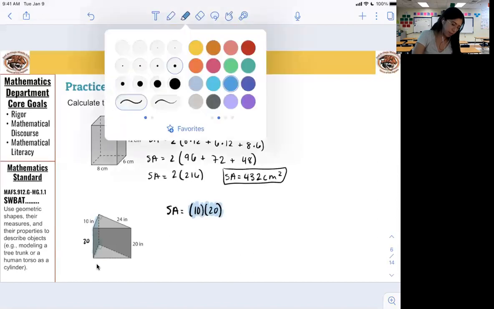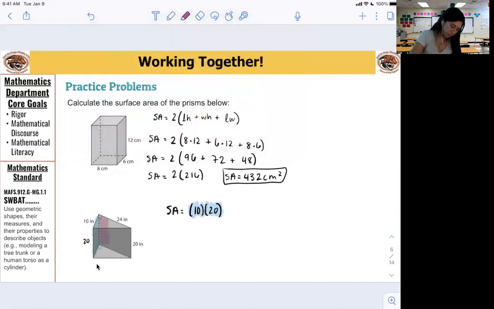So that's the other side, right? That's this one over here. And remember that we're adding. All right. And then what's the last one? 20 times 20, no, because those are both the height. Do we know this value down here? Oh, we don't, do we?